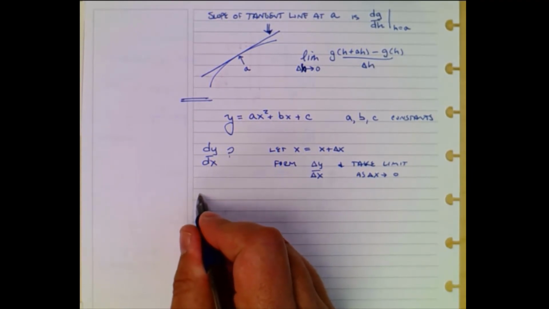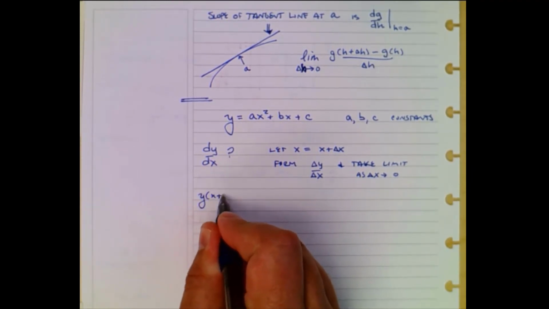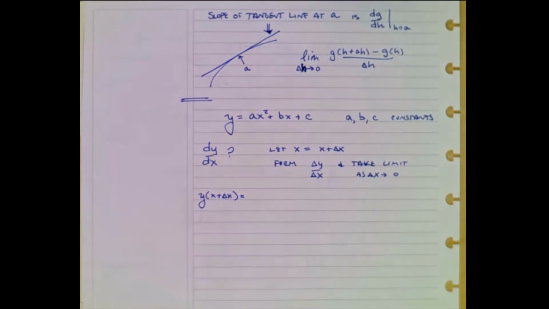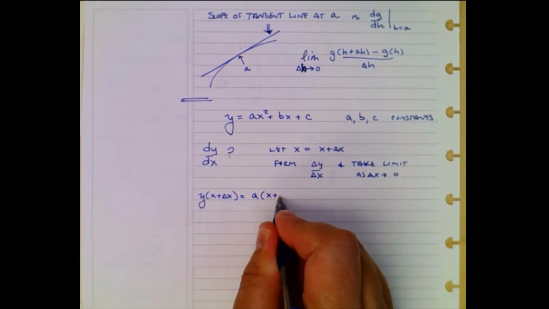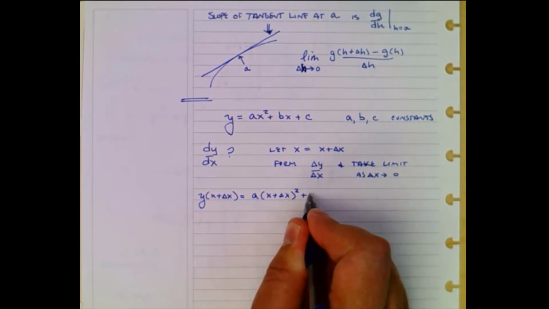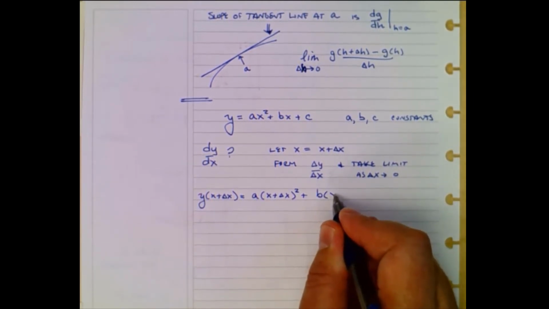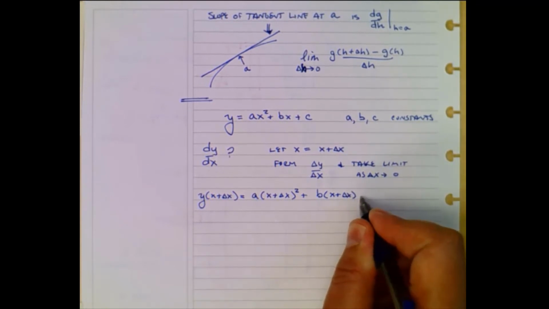So y at x plus delta x is simply going to be equal to a times x plus delta x squared plus b times x plus delta x plus c.